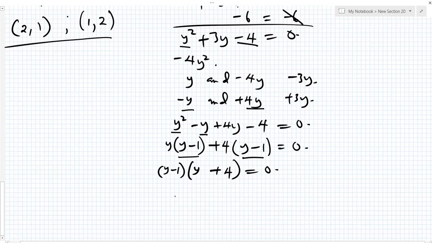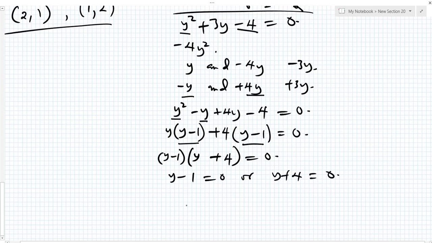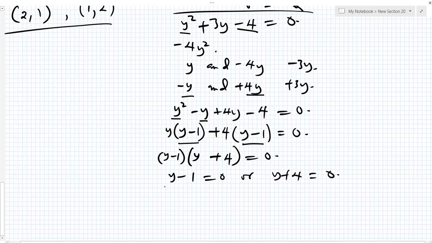So we are left with y minus 1 equal to 0, or y plus 4 equal to 0. If you add plus 1 to both sides, this one will cancel out and you have y equal to 1.